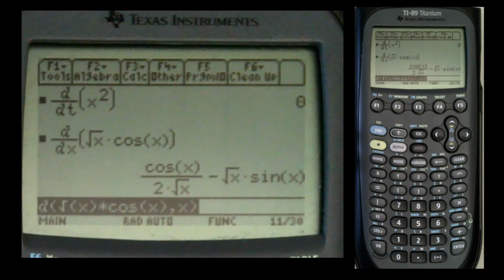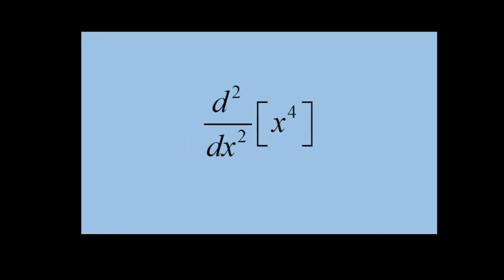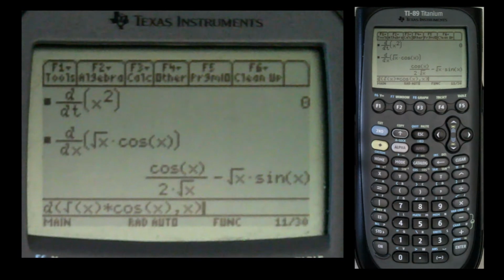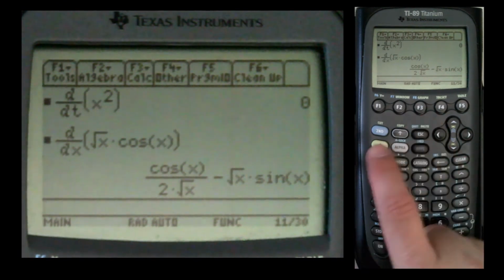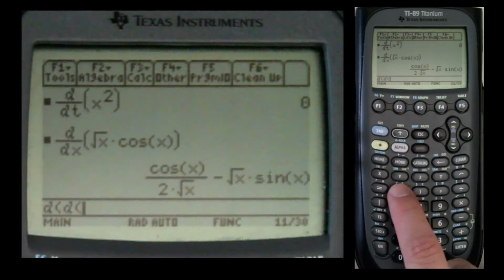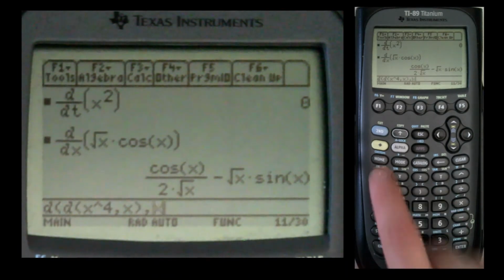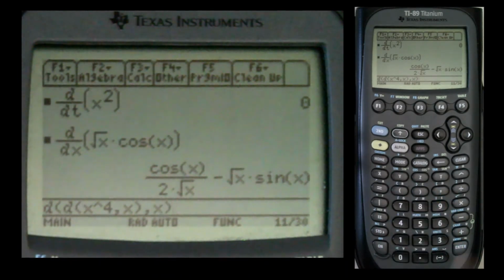All right, moving on. What if I want to take a second derivative, a derivative of the derivative of x to the 4th? That's one way to write it. Another way to write it is like this, and you'll see that that's how it comes up on the calculator. So on the calculator, we could do it as the derivative of the derivative of x to the 4th, comma x, close the parentheses on the first one, comma x again, close those parentheses.